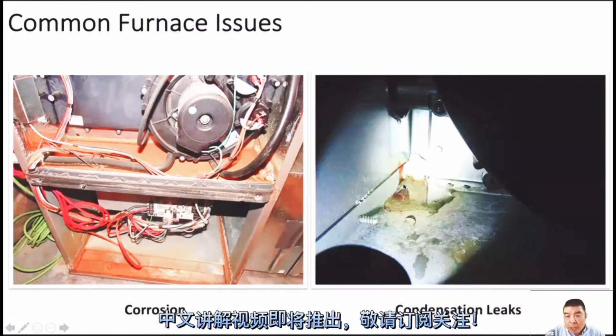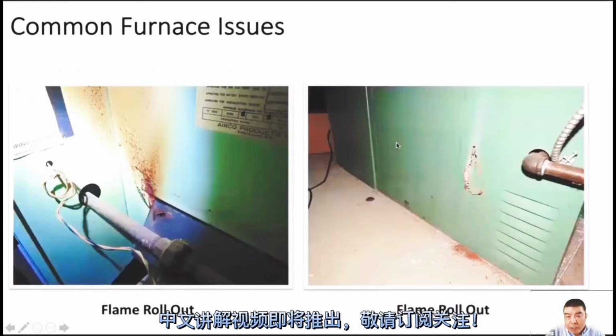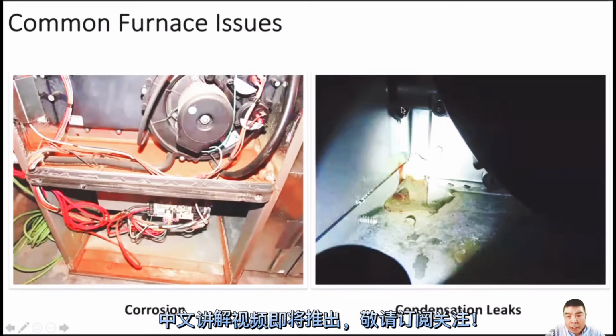Normally you can trace the water drain, like this mark here. If the water comes from here, it should look like condensate water from the furnace. If not, maybe it's the humidifier or A coil.